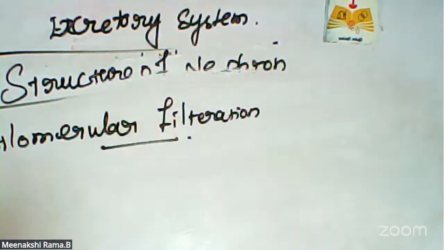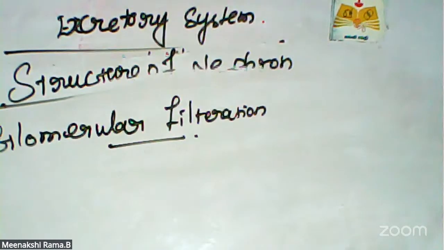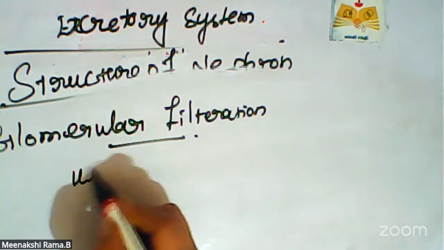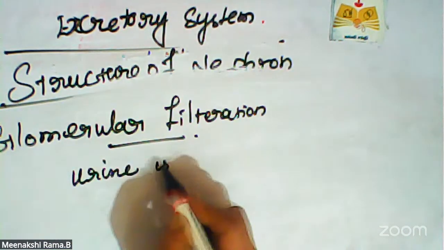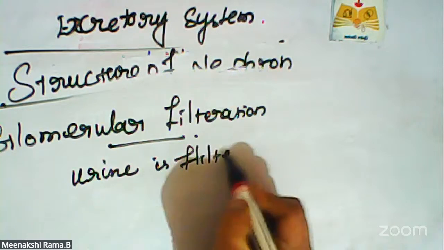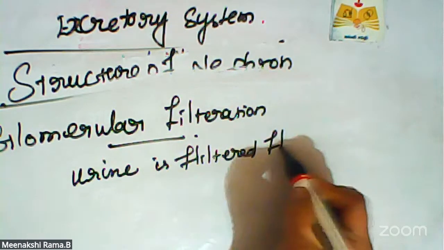What is glomerular filtration? Glomerular filtration means urine formation begins with the filtration of the blood. The urine is filtered from our blood.